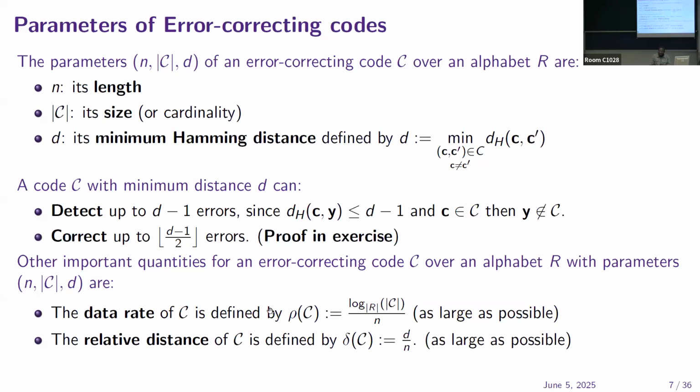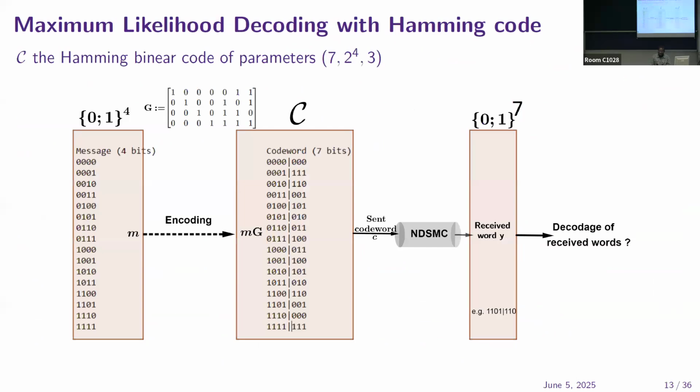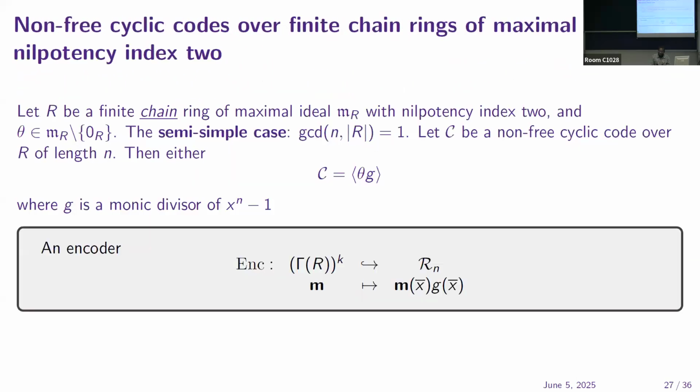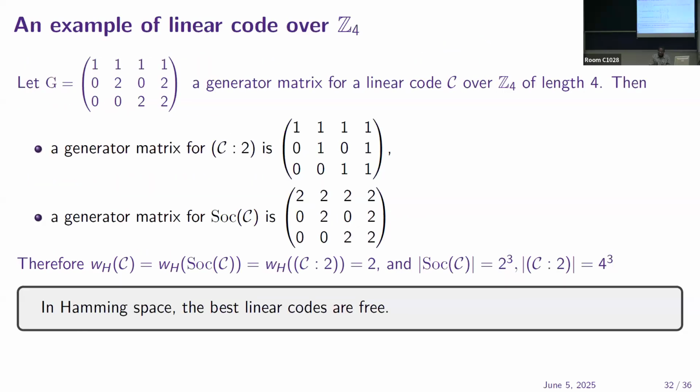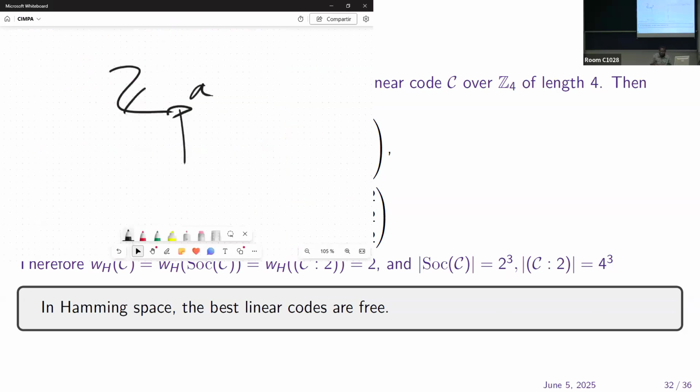We compute the data rate and relative rate of the code C, the circle and the quotient, and compare. We go to compute.